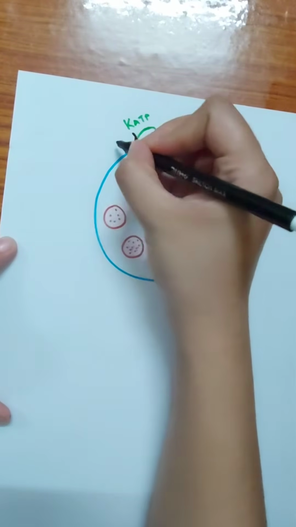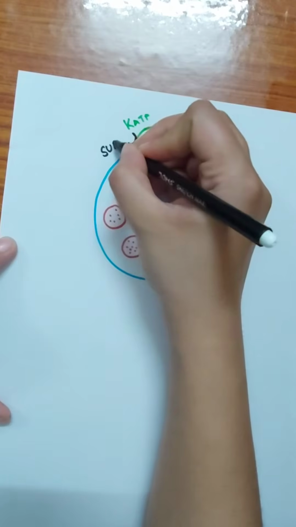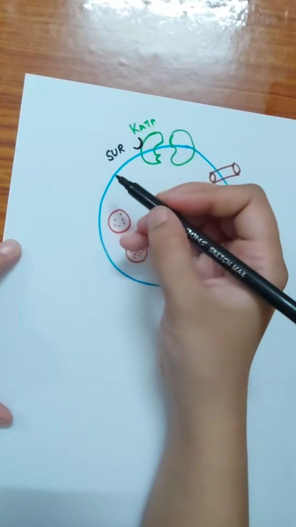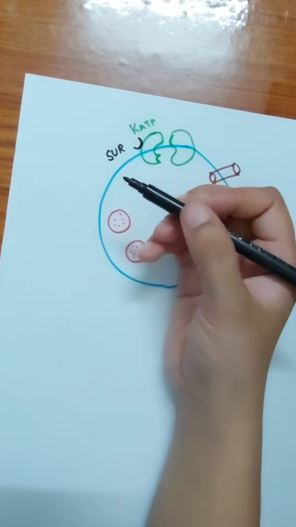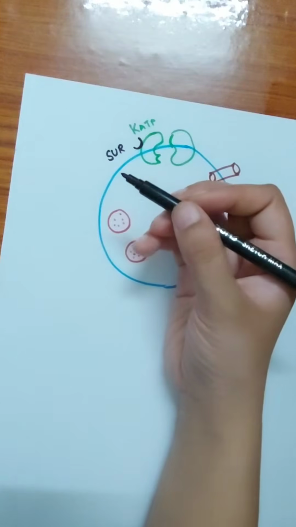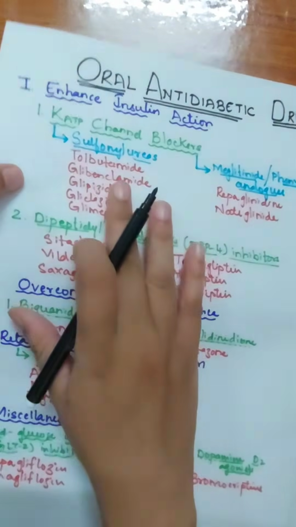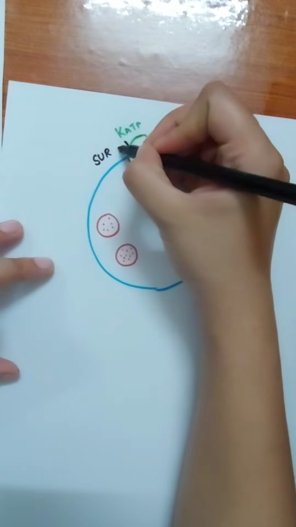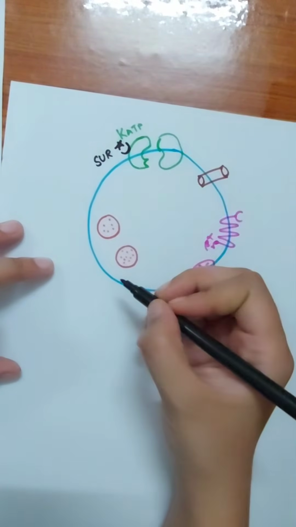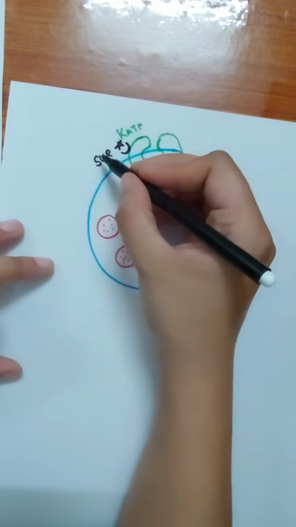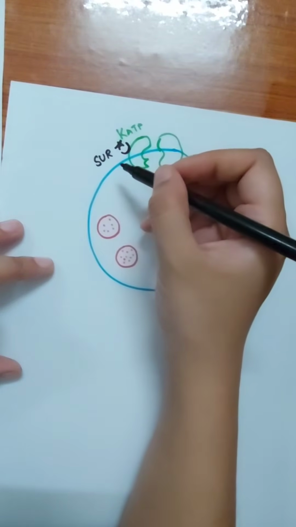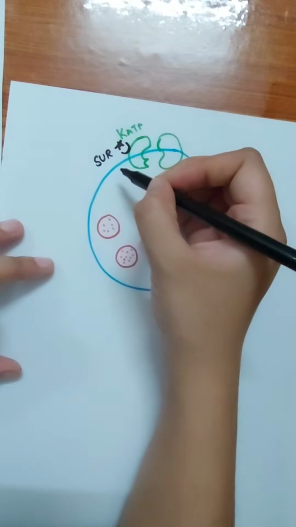So this is your SUR, the sulfonylurea receptor. When you consume sulfonylureas such as tolbutamide, glibenclamide, glimepiride, they will go and bind with the sulfonylurea receptor. After binding, what will happen?